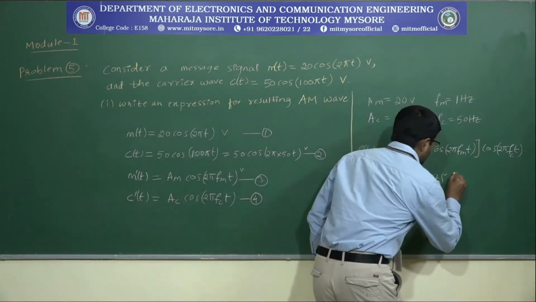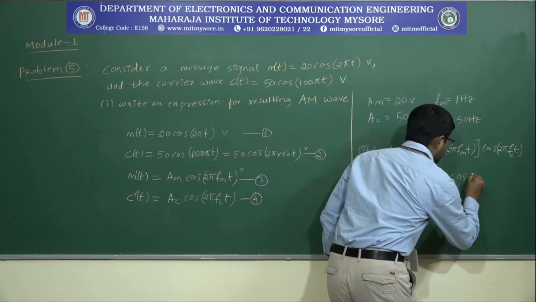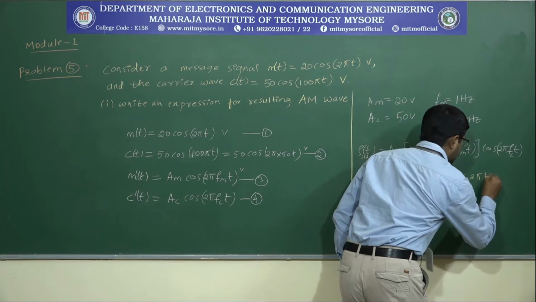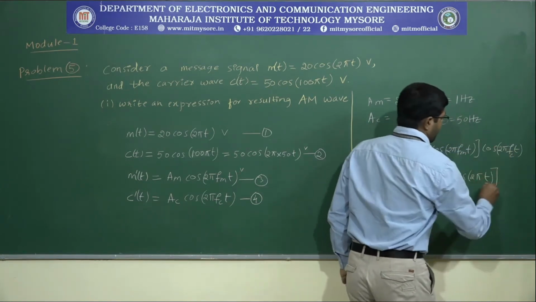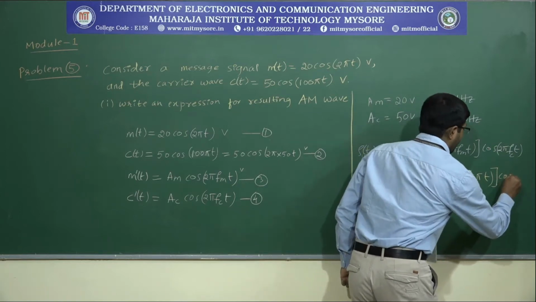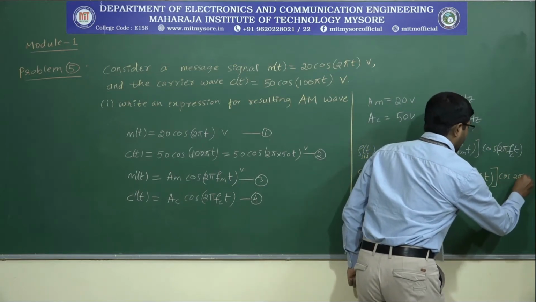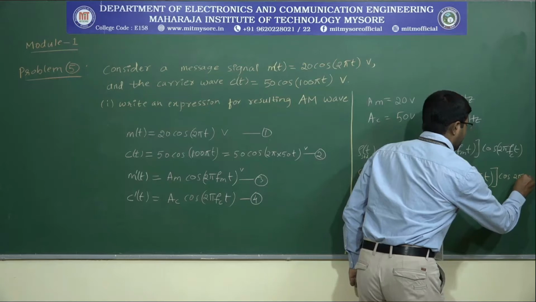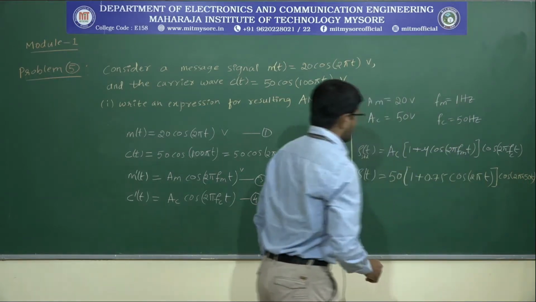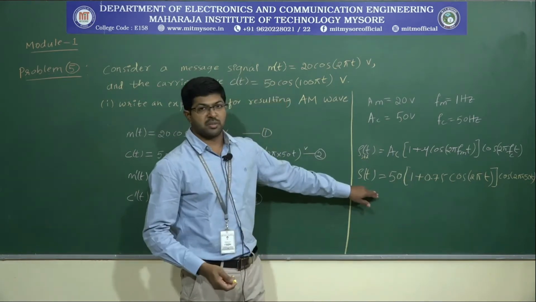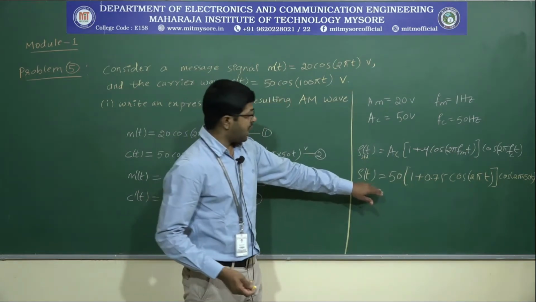Now you can write cos 2 pi t, because fm is 1, into cos 2 pi into 50 t. So this is our AM wave equation.